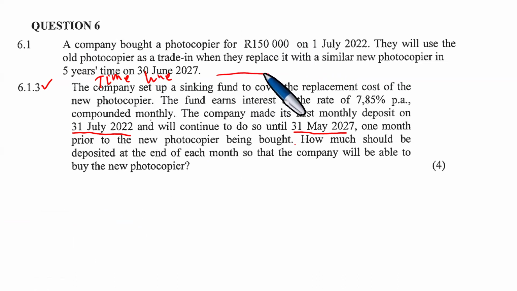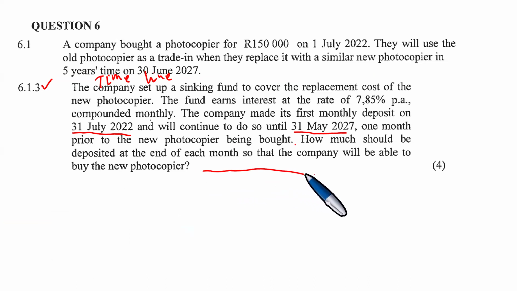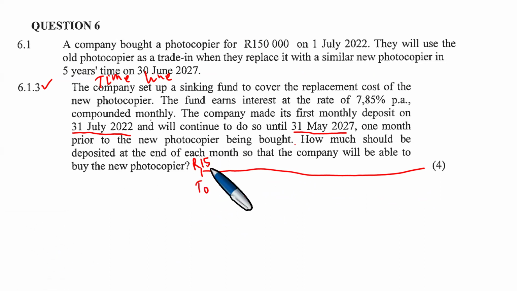With the timeline, we're going to have time 0 in the beginning of all things. Let us put the timeline here. So you're going to have time 0. At time 0, there is 150,000 that is used to buy the photocopier.